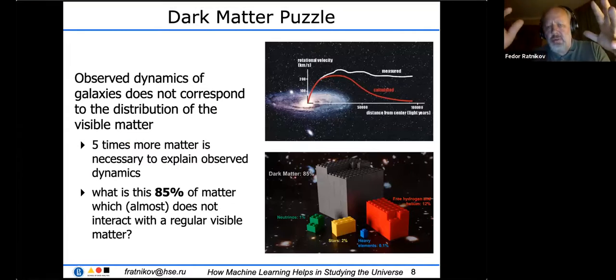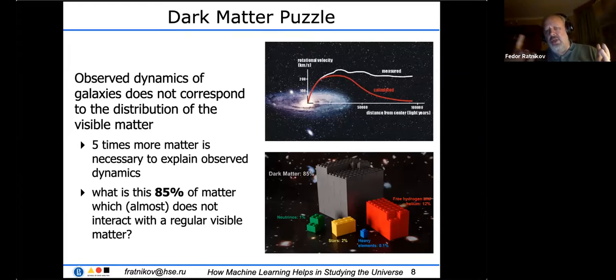How does it work? If you know the material distribution, then you essentially know the gravitational field around this cluster. So if there is an object rotating around, it rotates with a very well defined speed. Like the speed of satellites around the Earth is driven by the mass of the Earth, and it doesn't depend on the mass of the satellite itself.